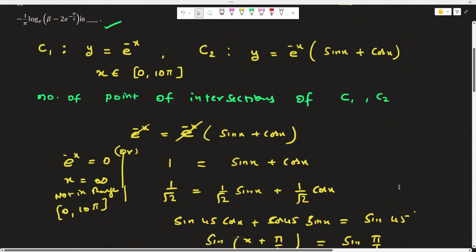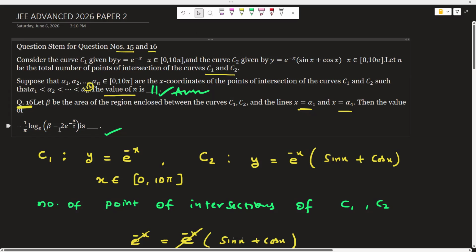And what we require here is beta minus 2 into e power minus pi by 2.